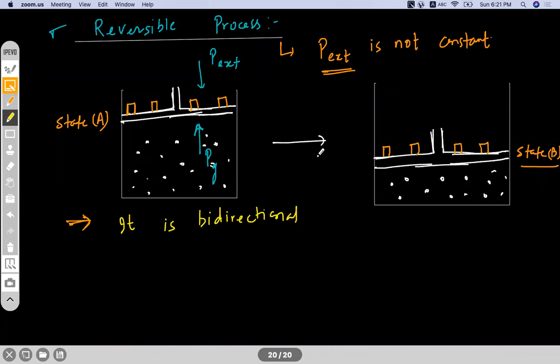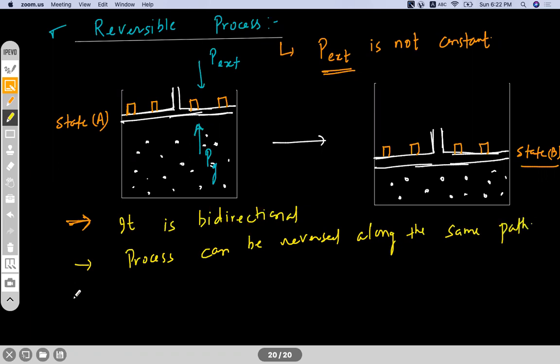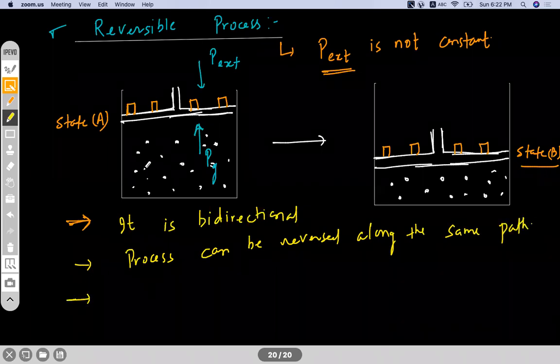It is bidirectional. This process can be reversed along the same path.